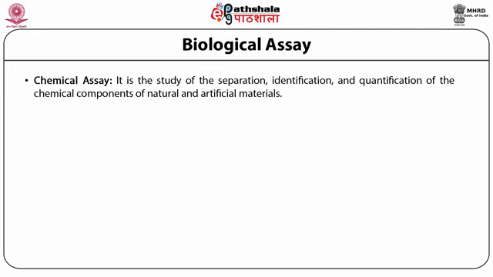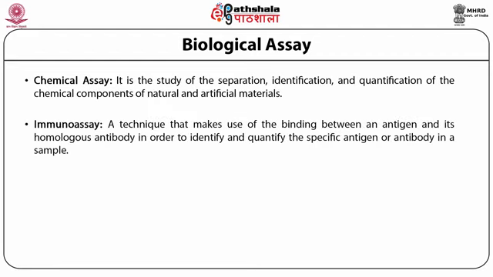Chemical assay is the study of the separation, identification and quantification of the chemical components of natural and artificial materials. Immunoassay is a technique that uses the binding between an antigen and its homologous antibody in order to identify and quantify the specific antigen or antibody in a sample.